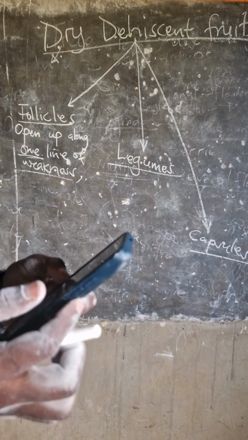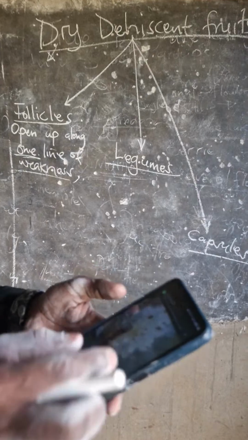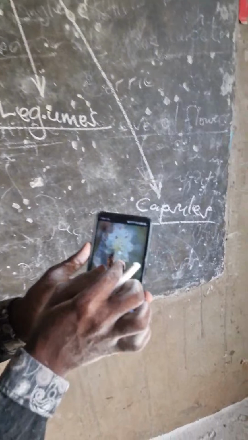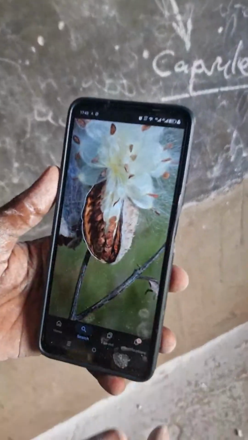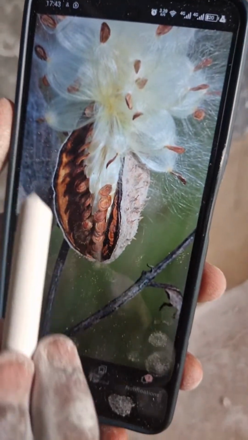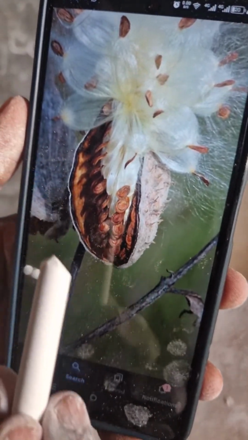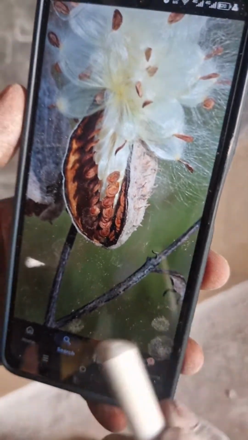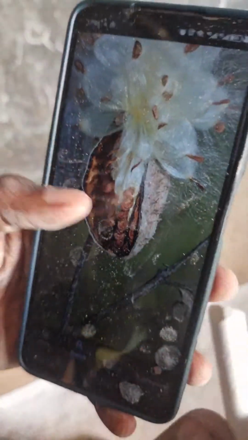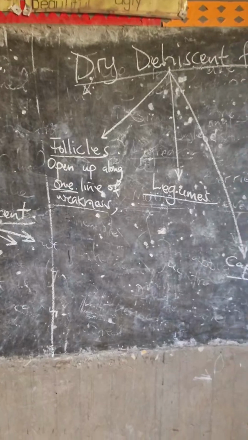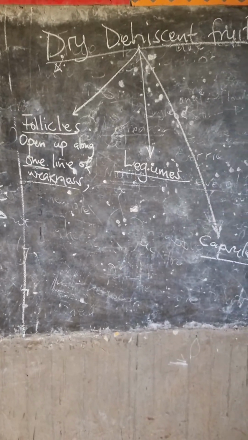We have one here. There is one there. It is opening along one line of weakness to release the seeds. Hope you're seeing. It is not opening on the other side. It is only opening here to release the seeds. So that is a good example of follicles. So we are going to give the examples.